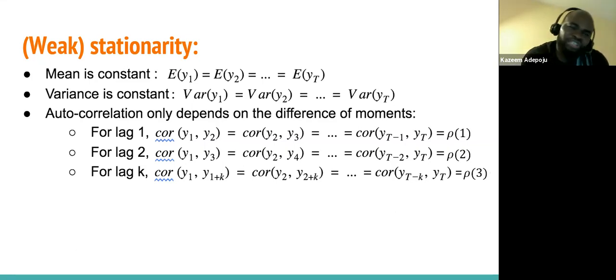Stationarity is looking more or less like stability. That's why we say the mean is constant, meaning the expectation of y1 equals the expectation of y2, up to the last data point.